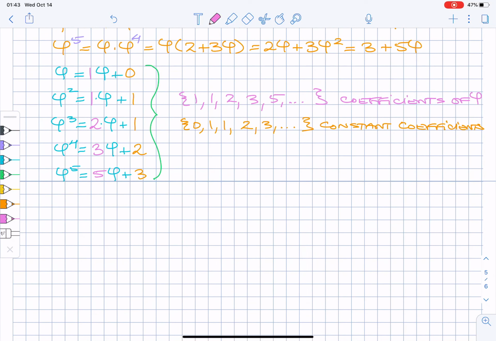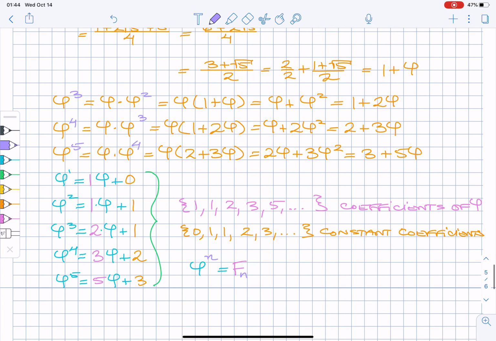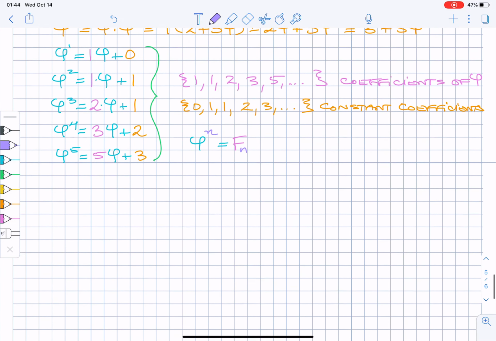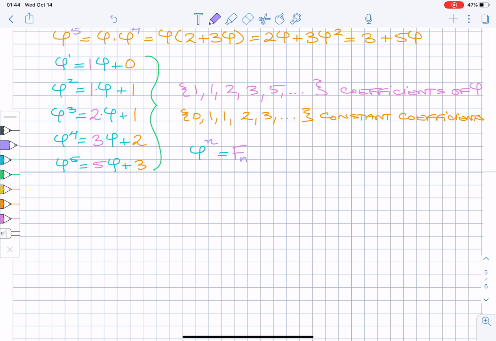In fact, I claim that for every power n, phi to the n power is going to be Fibonacci number n times phi plus Fibonacci n minus 1 for the constant coefficient.